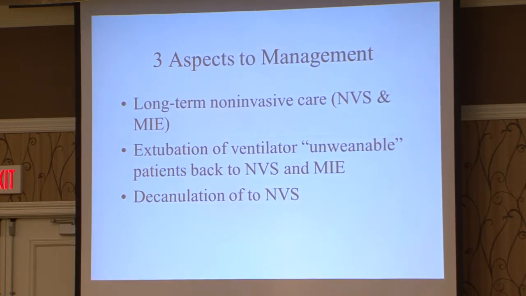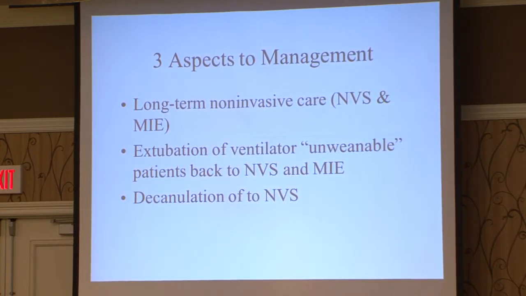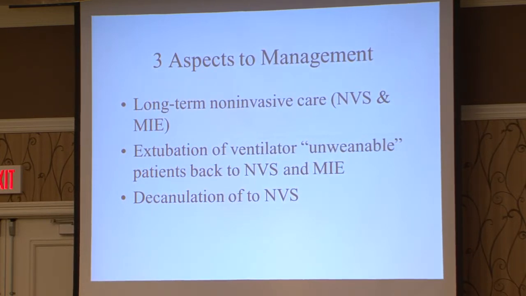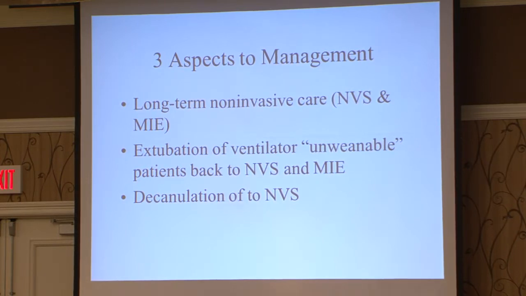If the tube hasn't caused so much damage that your trachea has basically been destroyed by it, we can remove it safely, and you will never need a tracheostomy tube again. But that's the next category, decannulation to non-invasive ventilatory support. And that's what I'm talking about.